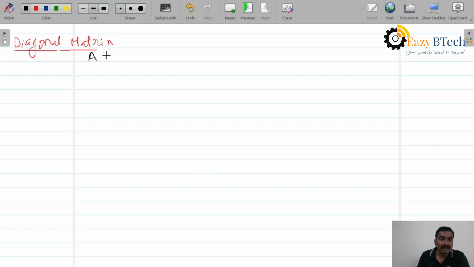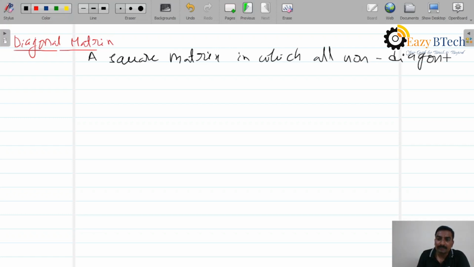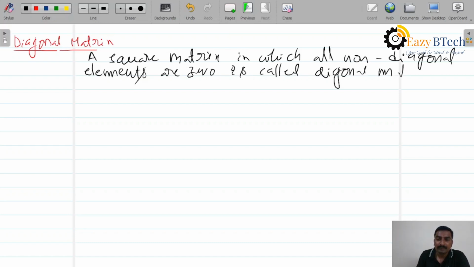A square matrix in which all non-diagonal elements are zero is called a diagonal matrix. All non-diagonal elements are zero.